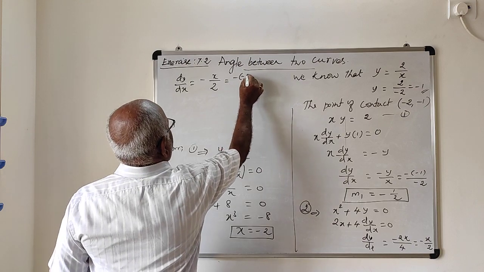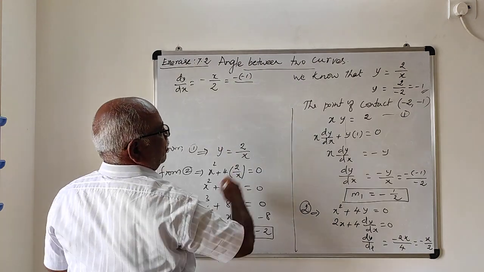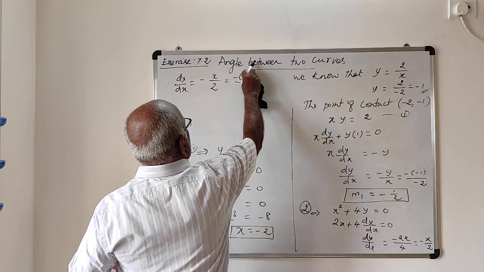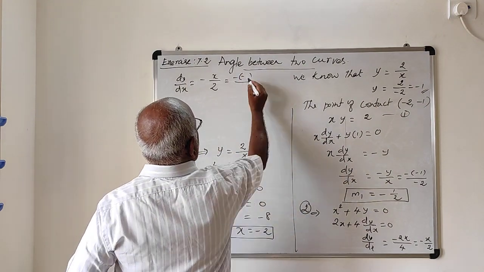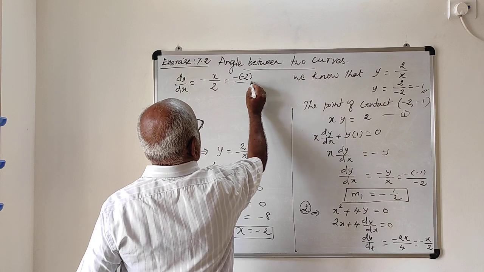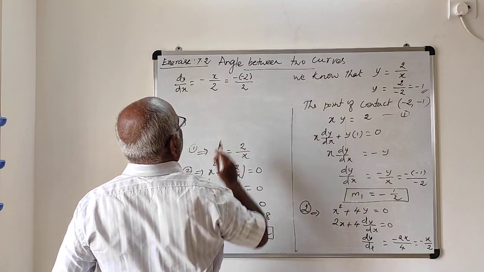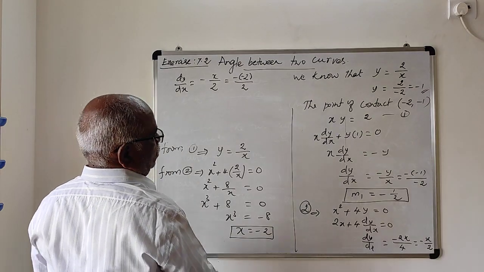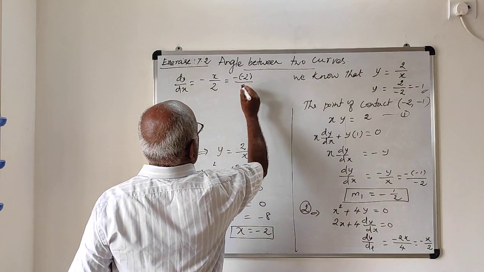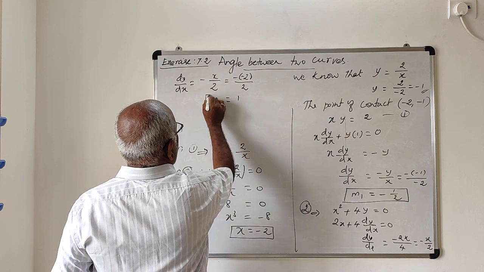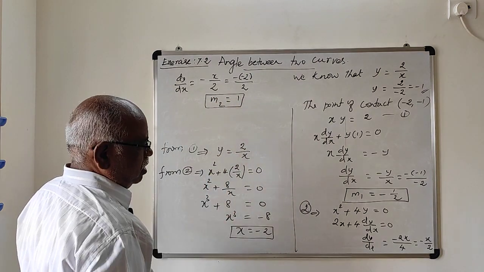You know x is minus 2. So minus of minus 2 by 2, that is equal to 1. This is M2. The slope of the tangent for the second curve is 1.